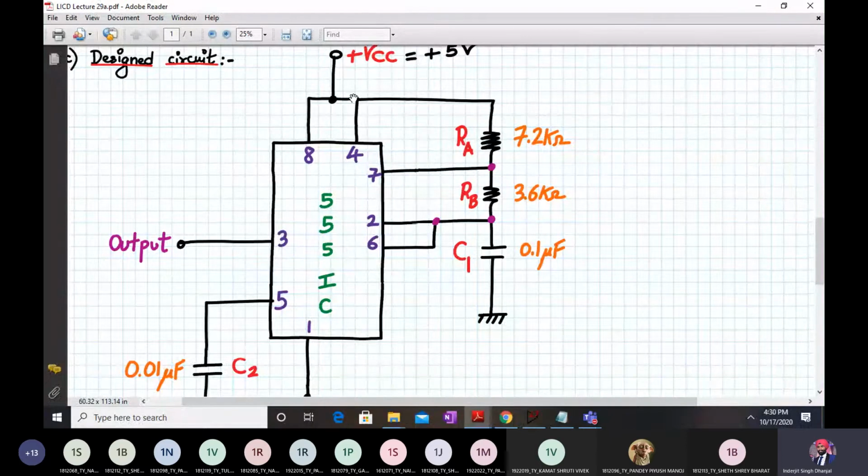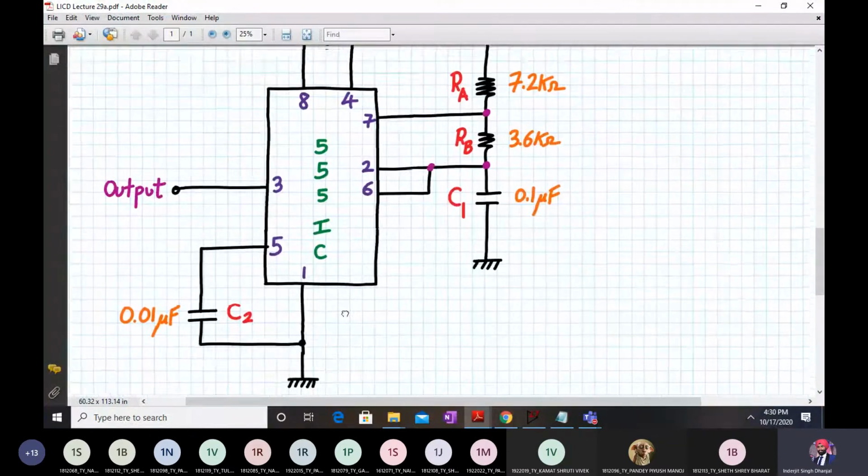If I connect my reset pin to ground, my output will become 0, irrespective of whatever my circuit is doing. So normally if pin number 4 is not used, we connect it to VCC. If you have an oral examination, this can be one of the questions. And pin number 1 is obviously ground.